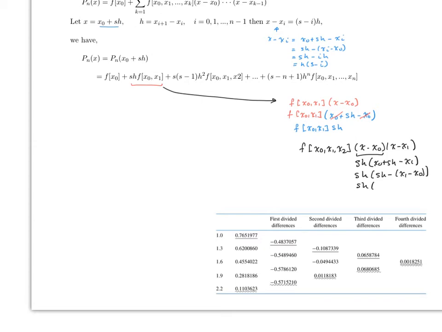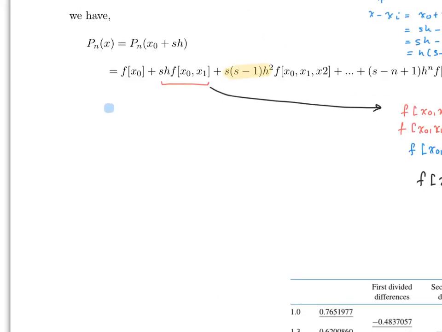But remember that this is equal to h, so it will be sh minus h. You can factor the h, so this will be s times h squared times s minus 1. So hence this will give you this part. So that's how you find those values.